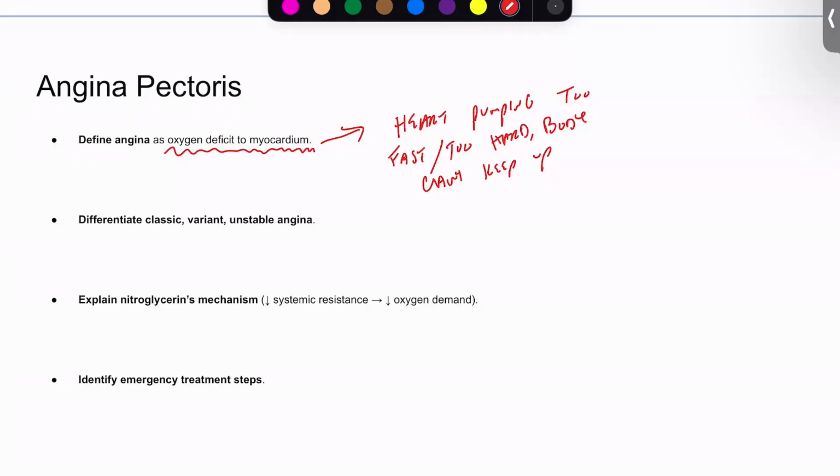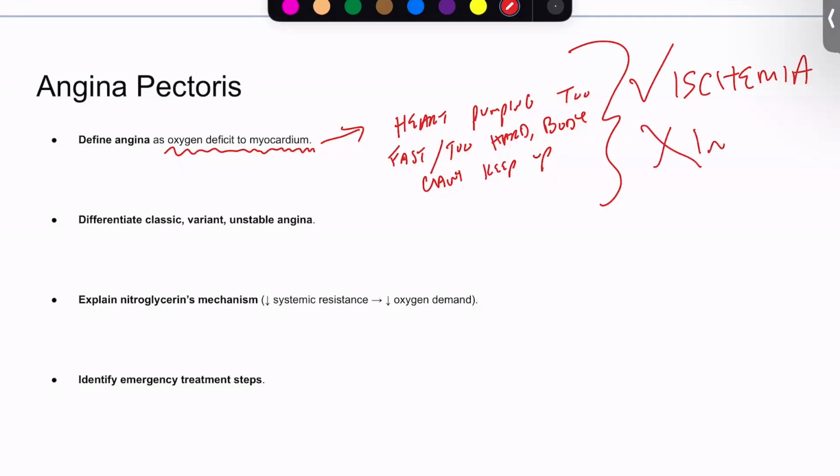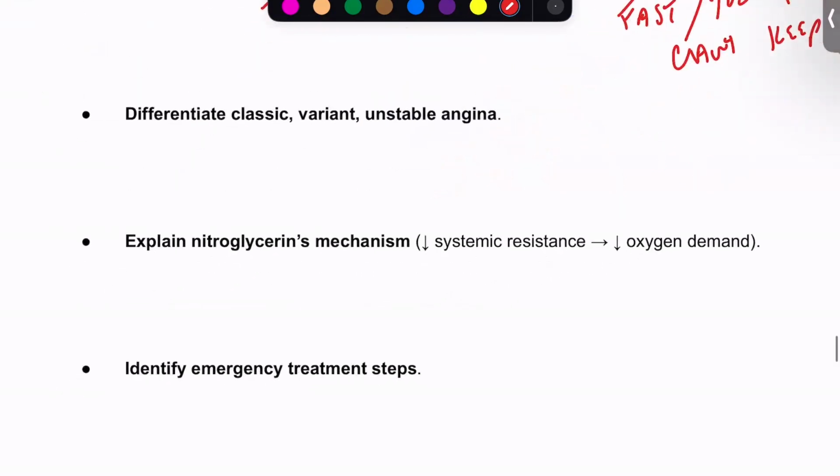Just remember though that angina means ischemia. It does not mean infarction. This is just a sign that your heart is pumping and it's not getting the blood flow that it needs. So now we have the three different types of angina. We have classic, which you might also hear as exertional.